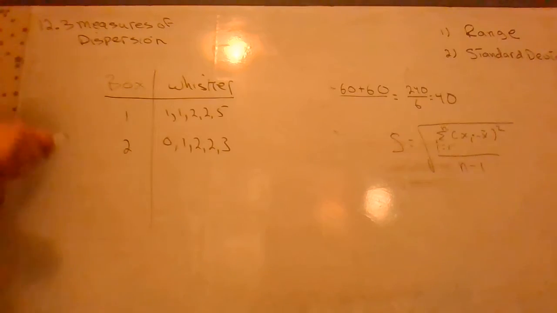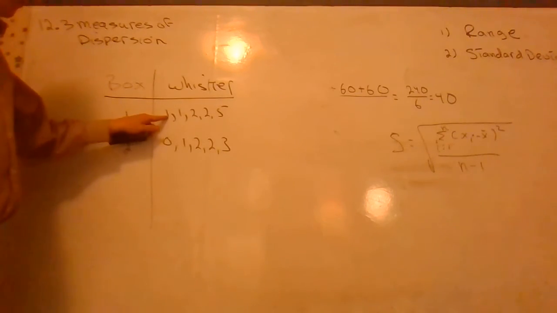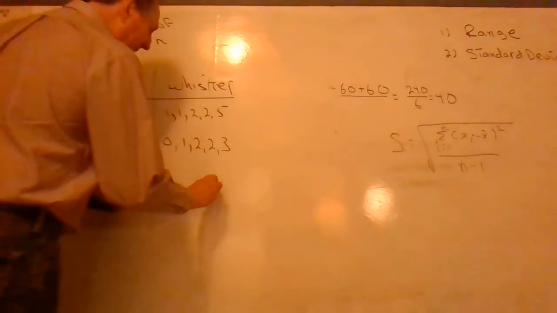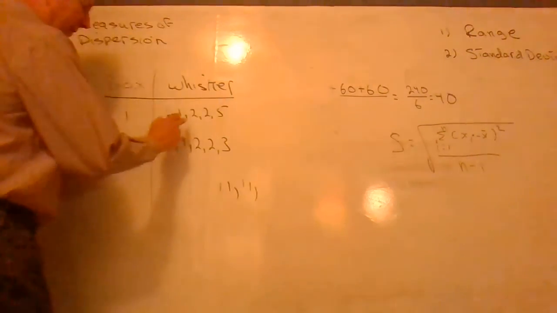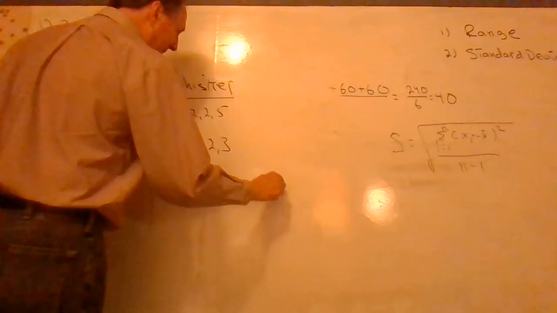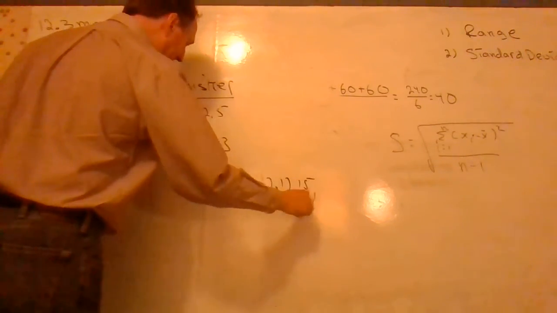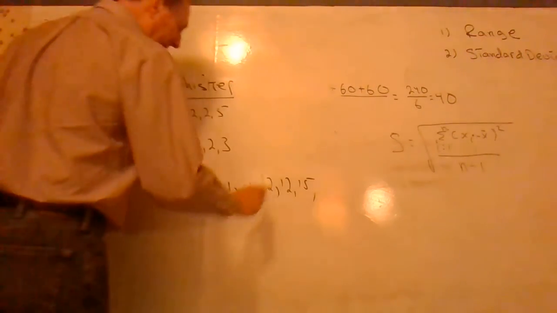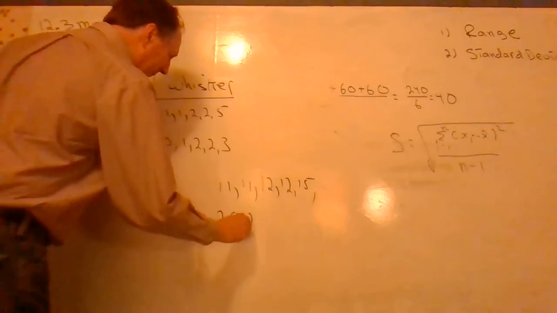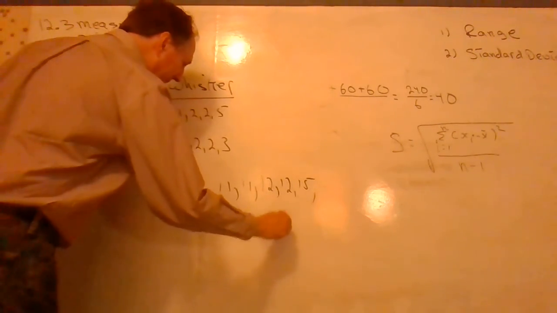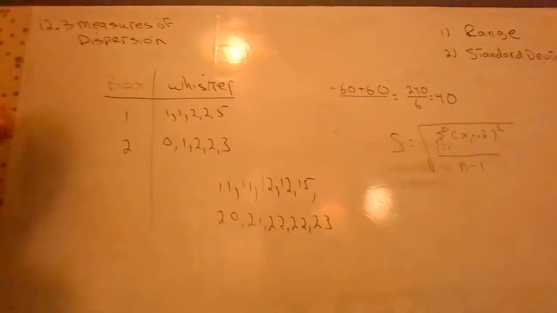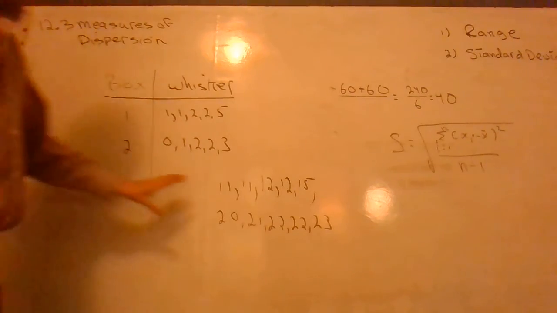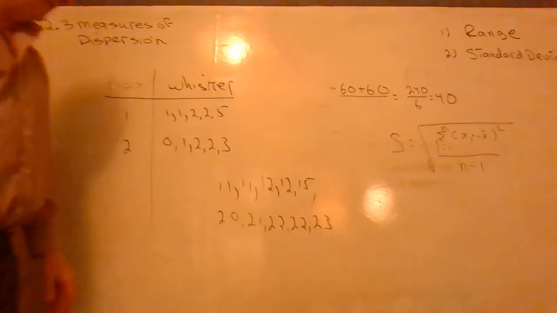And what this represents is, this is the tens place, this is the ones place. The scores are really 11, a 1 and a 1 is another 11, and a 1 and a 2 is 12, 12, 15, and then down here 20, 21, 22, 22, 23. So if you have a box and whisker plot and need to calculate the standard deviation, just write out the scores and then figure it out that way.